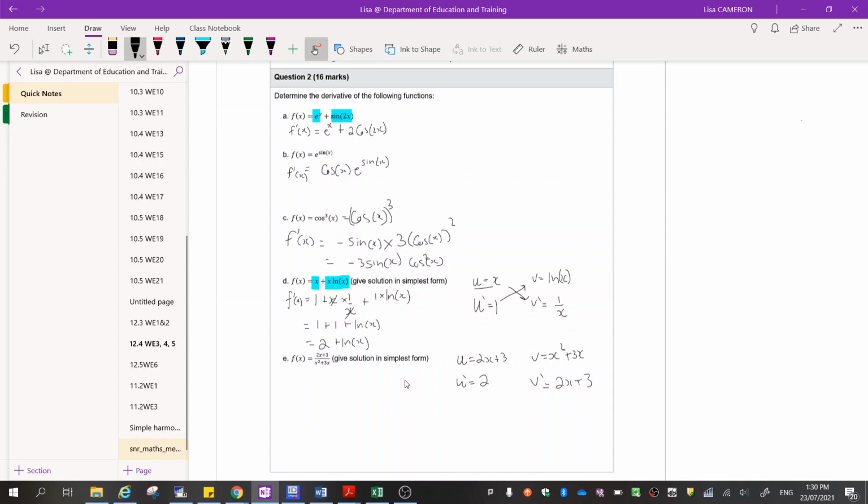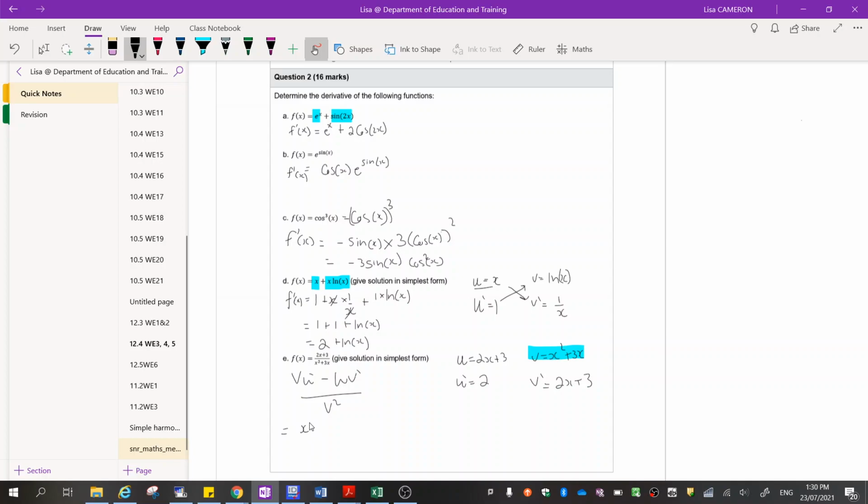So I always remember this as it's this one times that one. Okay, so this one is v first, but the formula for that is given to you in the formula book. So v u dash minus u v dash. Well, my handwriting's going a little askew here. All right, so all I'm going to do is fill it in.